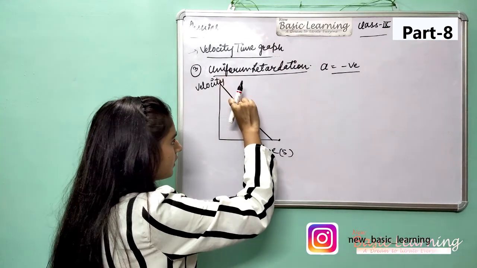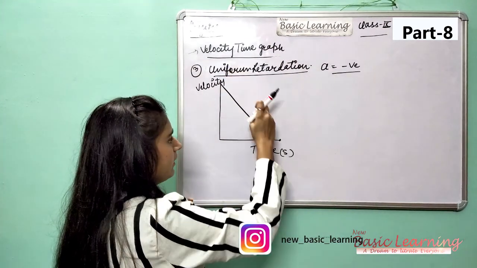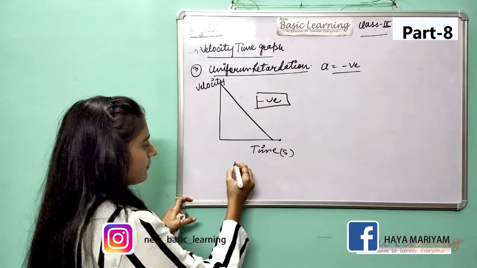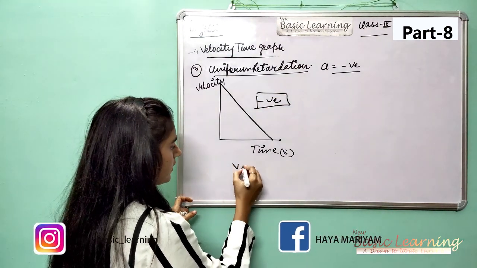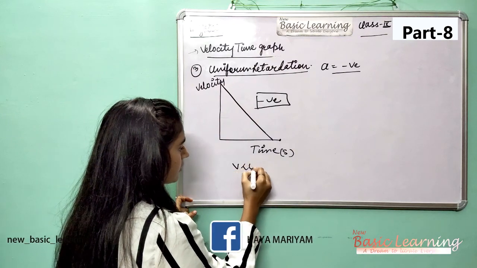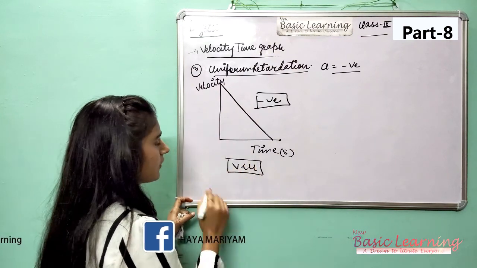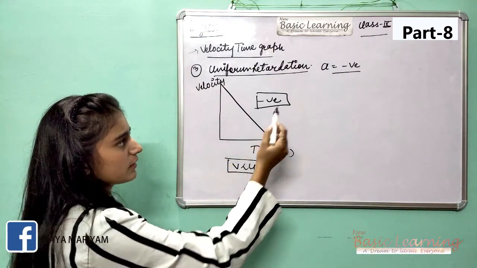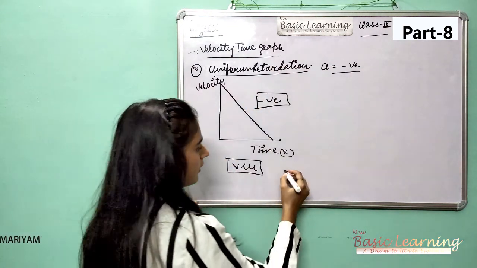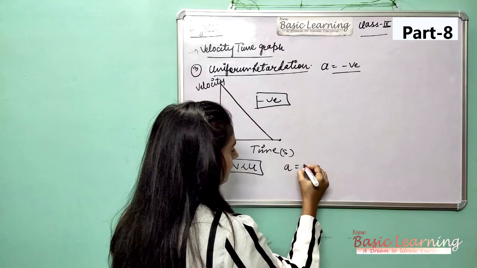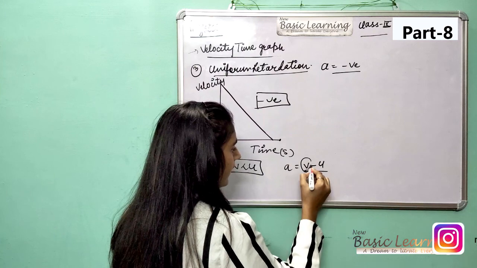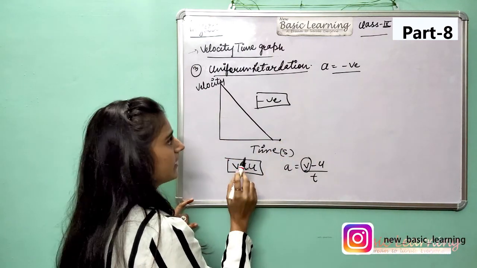This is coming down, meaning it is decreasing, so this will be negative, where the final velocity is less than the initial velocity. We will consider this graph as uniform retardation. In the acceleration formula v minus u upon t, if the final velocity is less, then it will be negative.